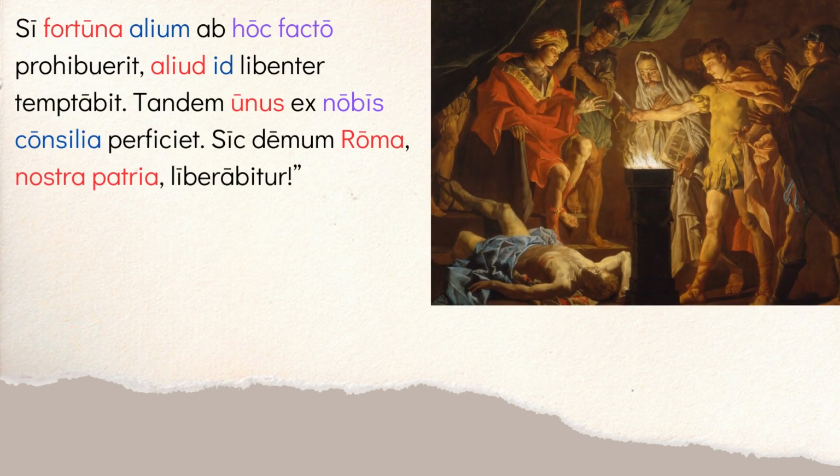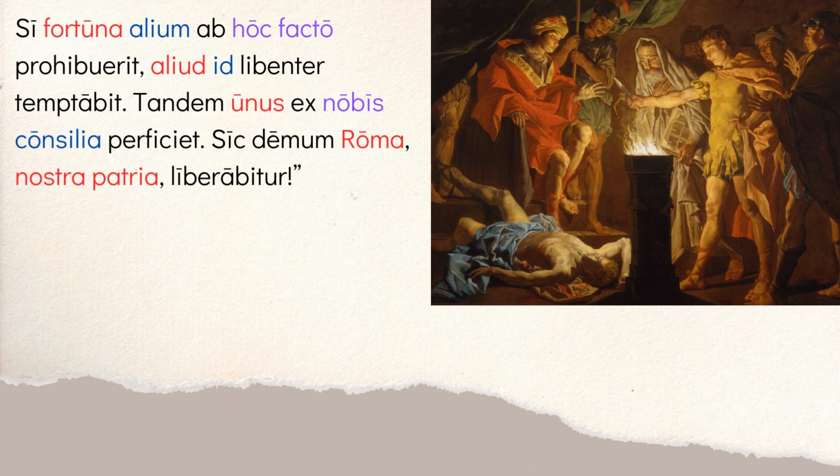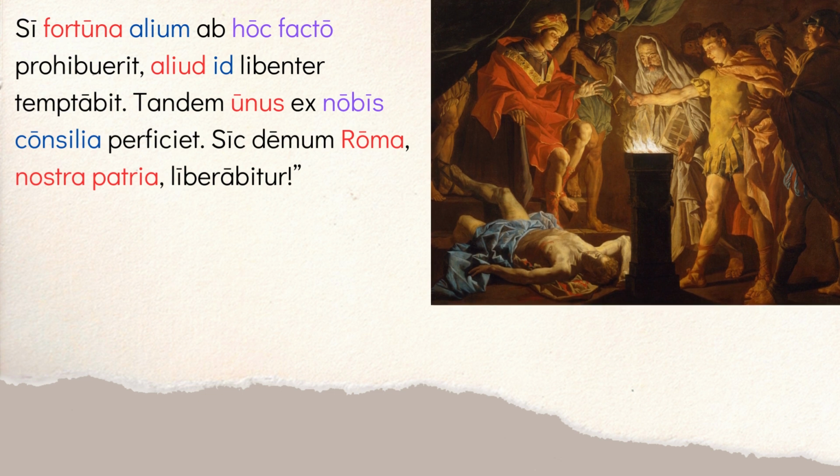And he says, si fortuna alium ab hoc facto prohibuerit, aliud id libenter temptabit. Okay, so he says if fortune will prevent, that's the prohibuerit, will prevent, or will have prevented, one or another, you might even say, alium, another from this deed, ab hoc facto.